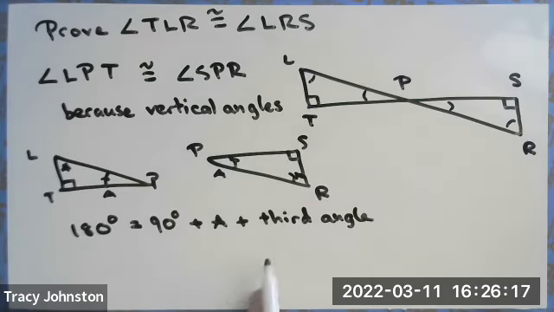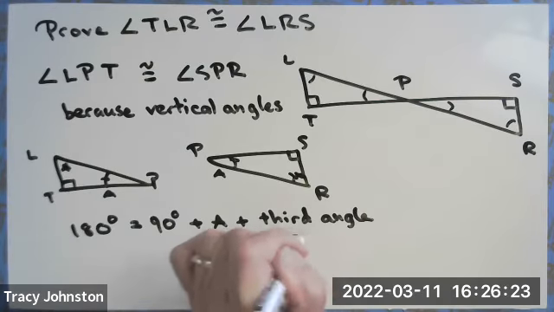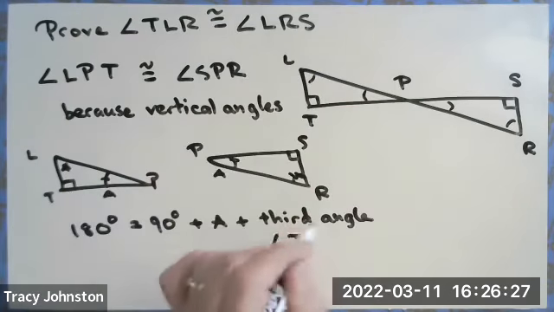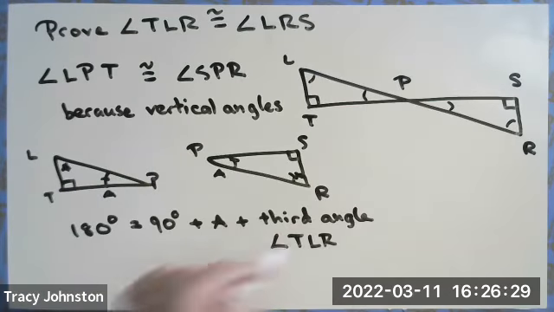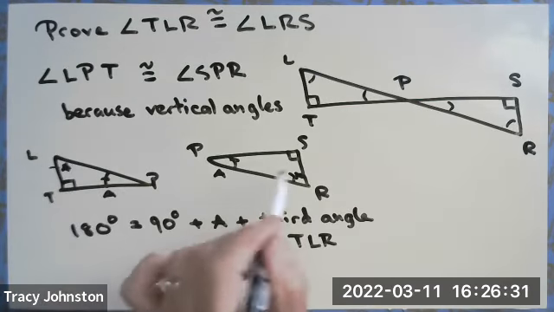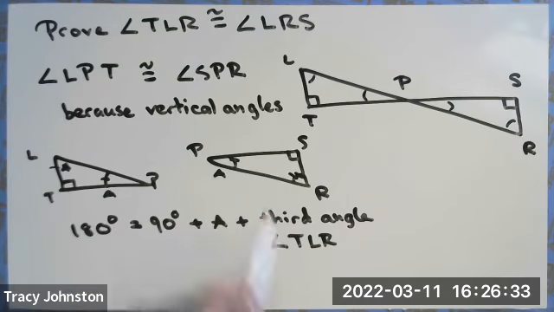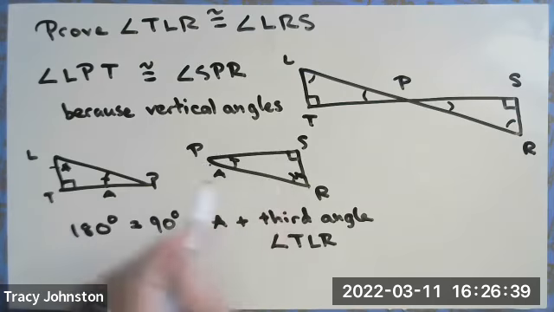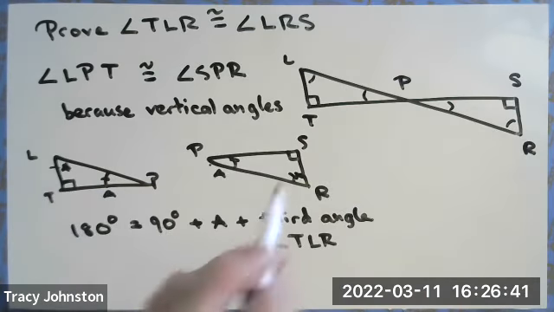That third angle here is our angle TLP, which is really TLR. And then that third angle is here, which looks like PRS, but we know it's LRS.